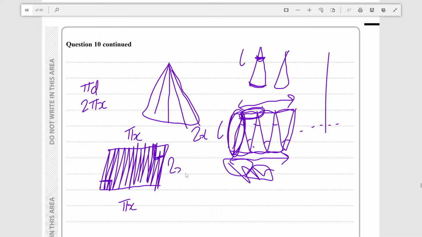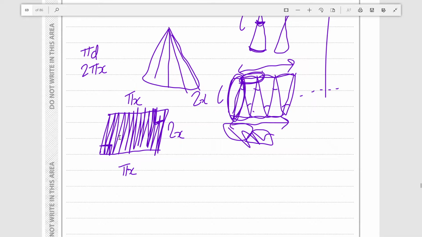And so the surface area of the cone is the area of the base, pi x squared, plus the area of this parallelogram made up of slicing up all the outer bits of the party hat part of the cone. So in total, all of the parts of the circumference on here add up to pi x, as do all the parts of the circumference along here, and then the length of this is approximately equal to L, which is our slant height down the cone.